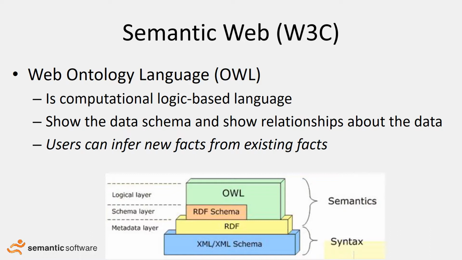OWL documents, known as ontologies, can be published in the World Wide Web and may refer to or be referred from other OWL ontologies. OWL is part of the W3C Semantic Web technology stack, which also includes RDFS, RDF, SPARQL, etc.